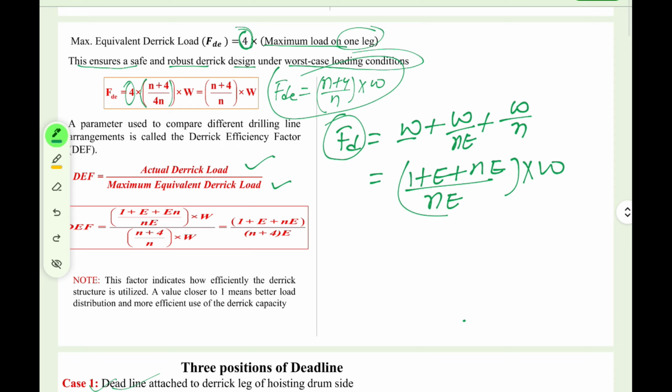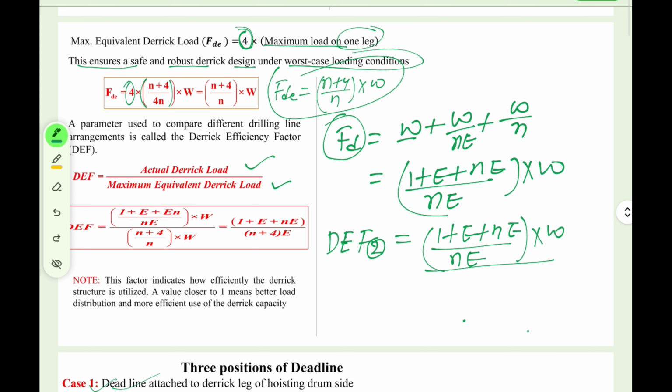So if you divide these to find the DEF 2, why am I writing 2? Because we are doing it for case 2. In this case we are going to get 1 by NE plus NE, that is (1 plus NE) by NE, multiplied with W, and further divided by 4 by NE multiplied with W. The W and NE will cancel out, and finally you are going to get this value.